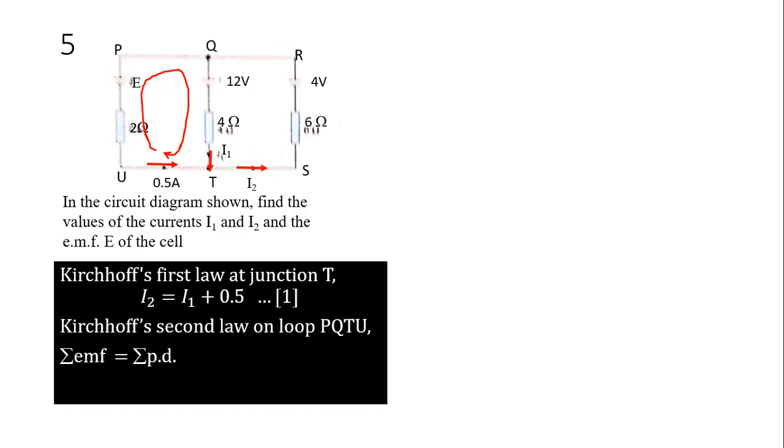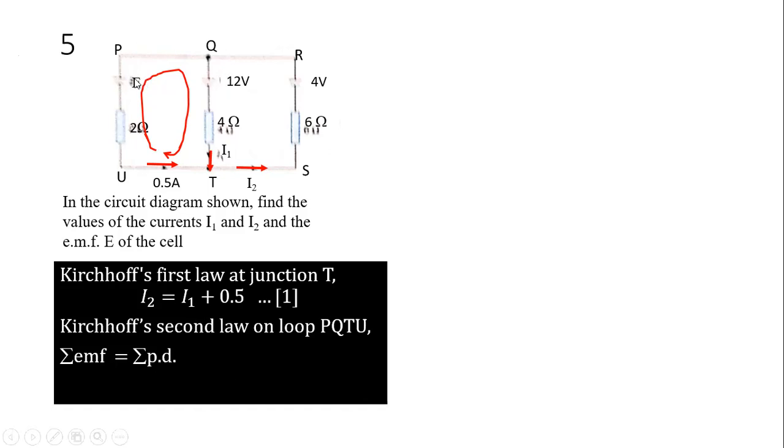I'm taking the arrow clockwise. Where did you get 4 minus 12? There's an E here, there's a 12 here.